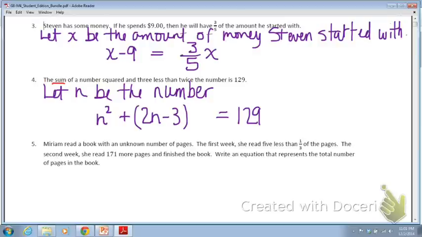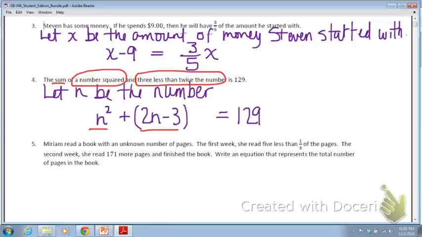So I have the sum of something. There's 2 things that I'm adding. The 2 things are a number squared and 3 less than twice the number. So here is a number squared, n squared. Here is 3 less than twice the number, 2 times n minus 3.